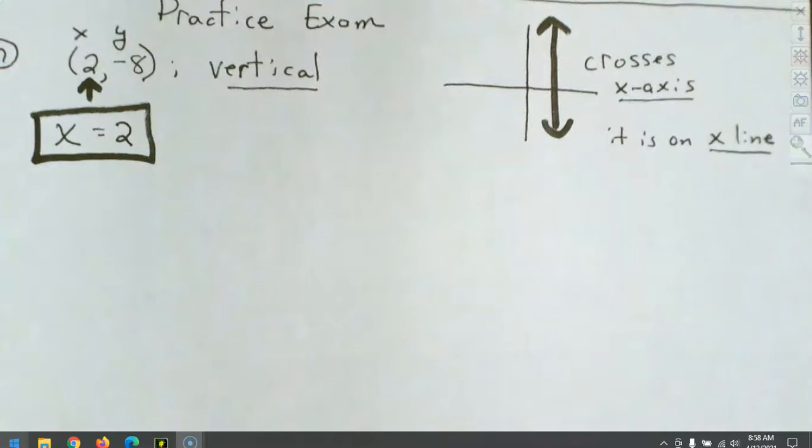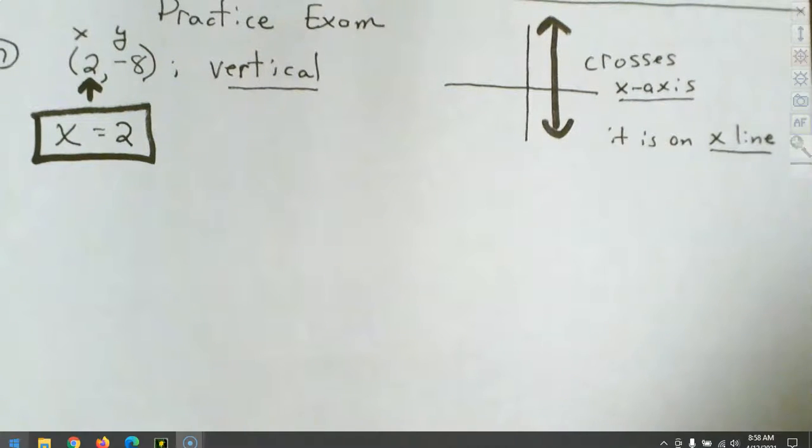What about question 6? While you write this one down, let's talk about question 6. Okay, question 6, we want a horizontal line. So horizontal lines cross what axis? Horizontal lines would cross the y-axis. So that means we would be looking for what? A y line. And so on question 6, what's the y component of that ordered pair?